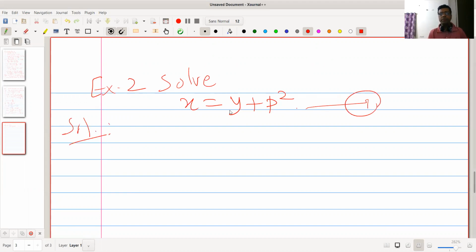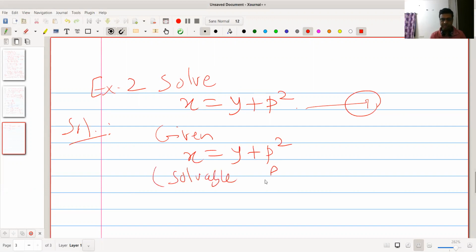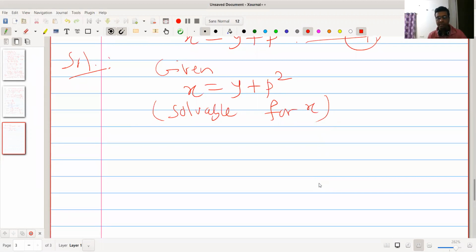Again, this is solvable for p, solvable for y, as well as solvable for x. Now the given form is x equal to y plus p square, which is solvable for x. Okay, we differentiate with respect to y here.